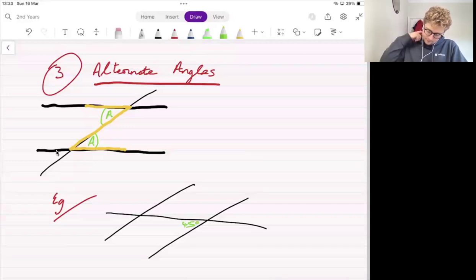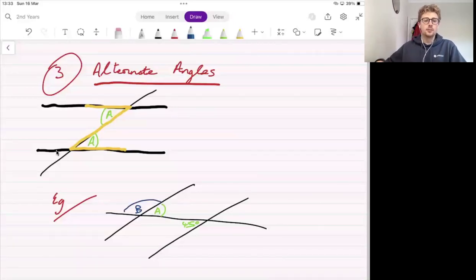I want you to tell me what is the size of the angle A, and then what is the size of the angle B as well. So off you go. What's the size of the angle A and B?